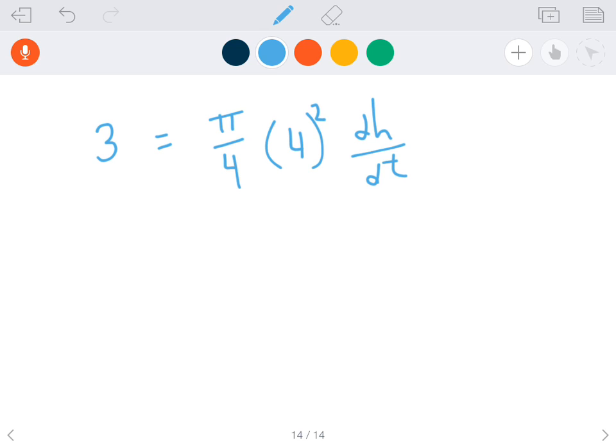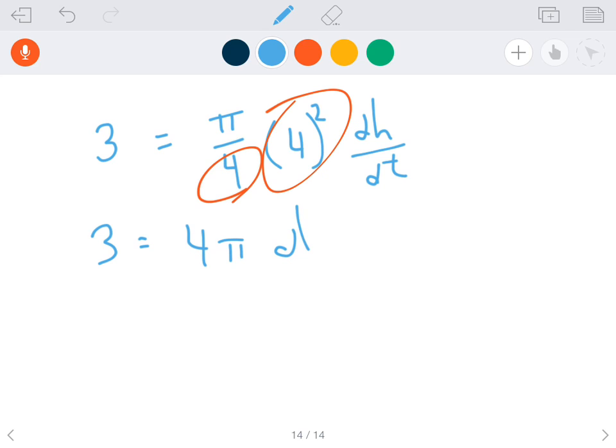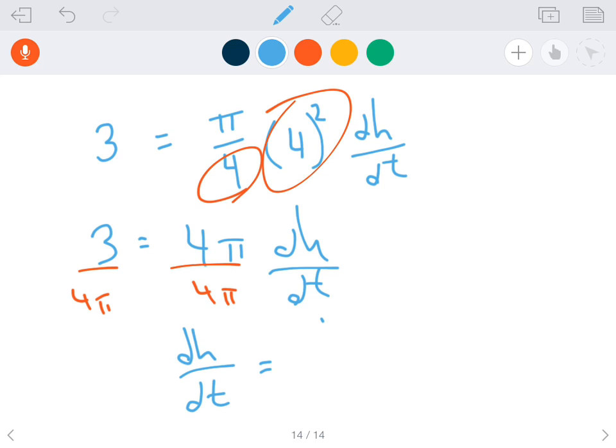And I can solve this. 3 equals, let's see, this will be 16 over 4, which is 4. So that's 4 pi dh dt. Divide both sides by 4 pi. And dh dt is equal to 3 over 4 pi.